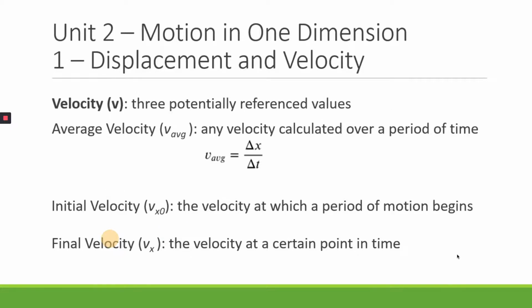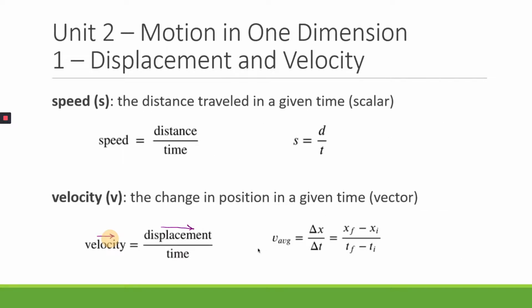All right, so let's look at different values of velocity. Velocity is a bit interesting. If you look back on this slide, average velocity occurs over some period of time.